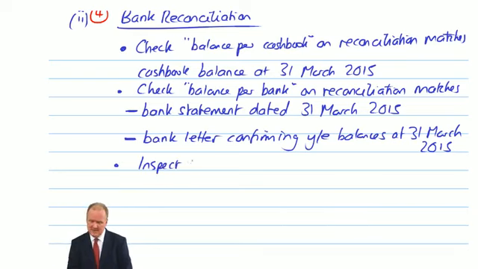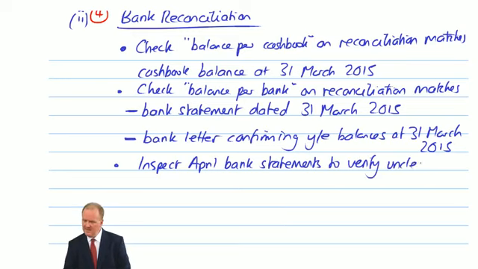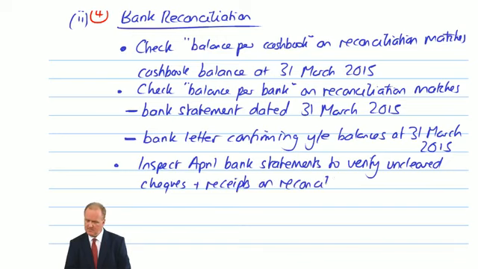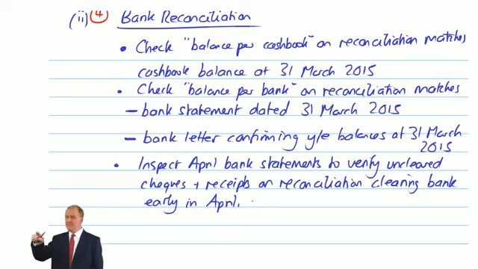So I would inspect April bank statements to verify that any uncleared checks and receipts on the reconciliation are clearing the bank early in April. If it's taking a while to clear, maybe those things didn't happen in March, they happened in April, and the company is telling lies.